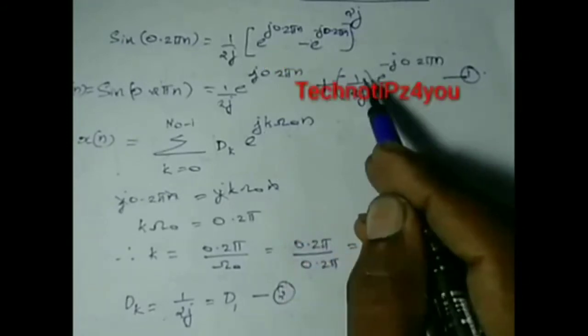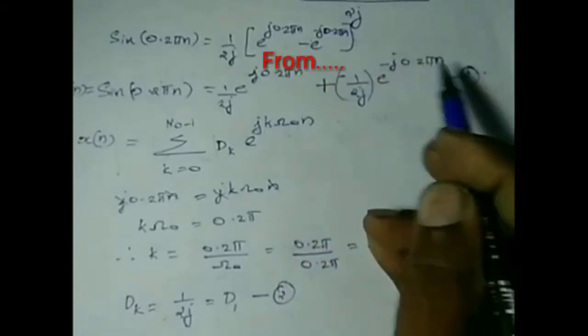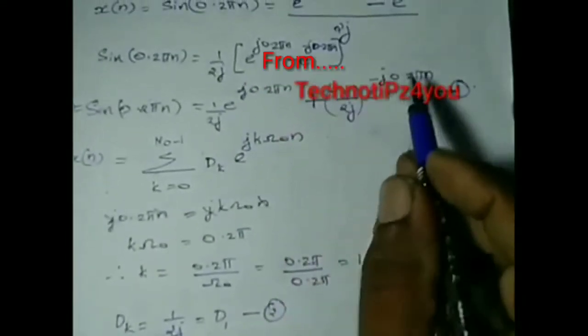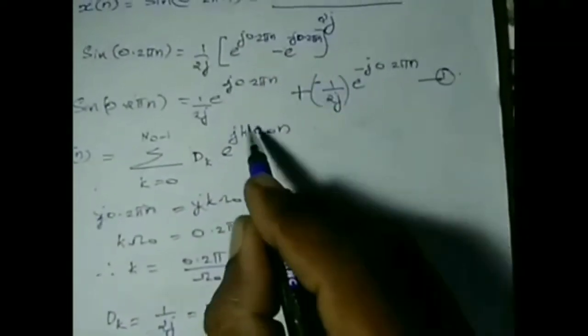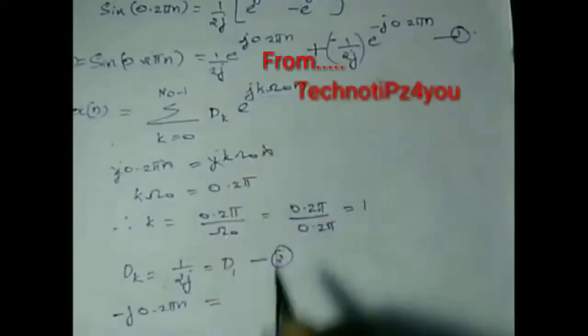Now let us equate the power of exponent terms together, as we have done in the previous case. Equating the exponent terms of this equation with the basic equation, here it is minus j 0.2 pi n, that is equal to the power of the secondary terms, e raised to j k omega 0 n.